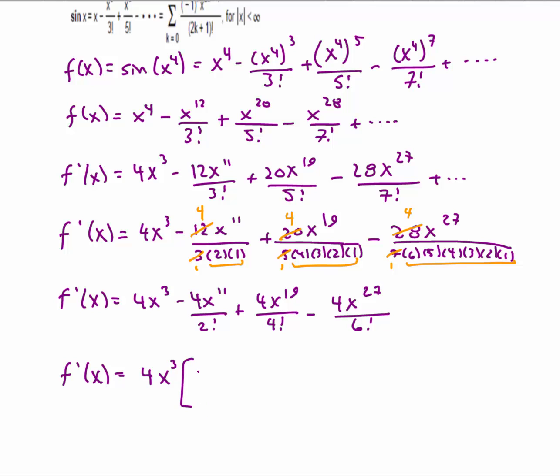So if I factor out a 4x cubed, I'm left with a 1 minus x to the 8th over 2 factorial, plus x to the 16th over 4 factorial, minus x to the 24th over 6 factorial. And again, I should have this plus dot dot dot on all of these because this pattern continues.